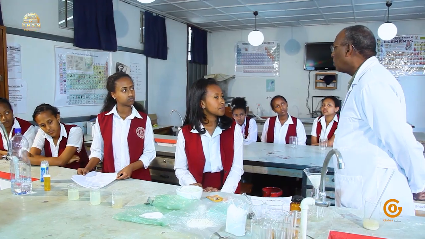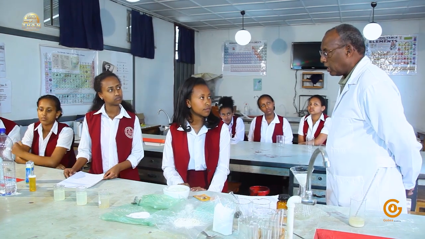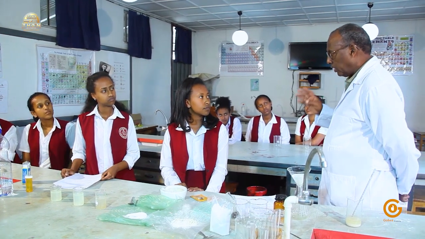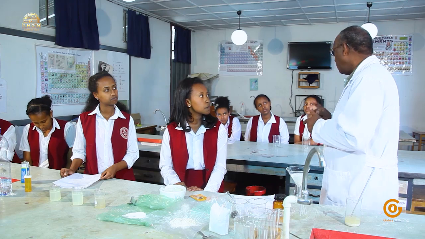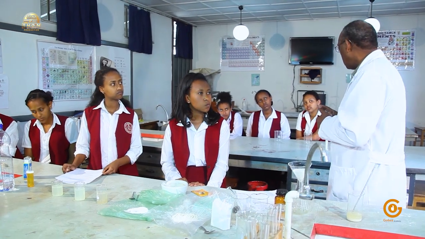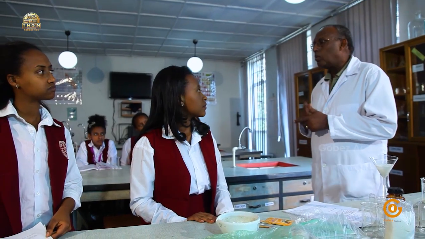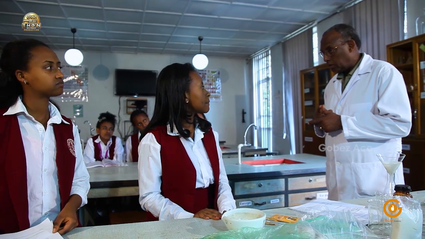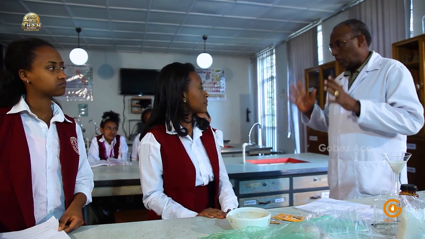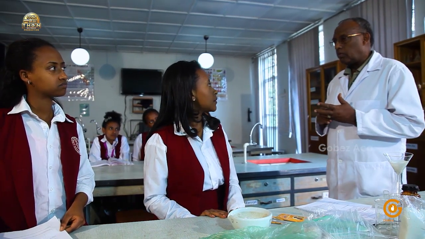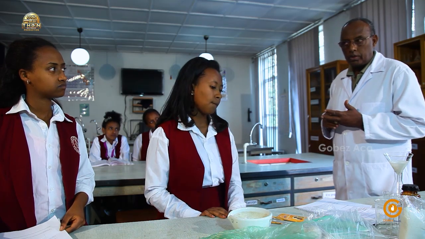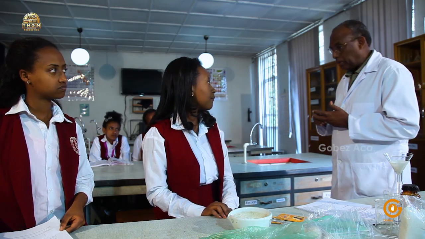I would like you to be clear on 3 points here. There is a difference between a solution, which is a homogeneous mixture, and it is clear if it's liquid. You can have colloids, and can have also suspensions.